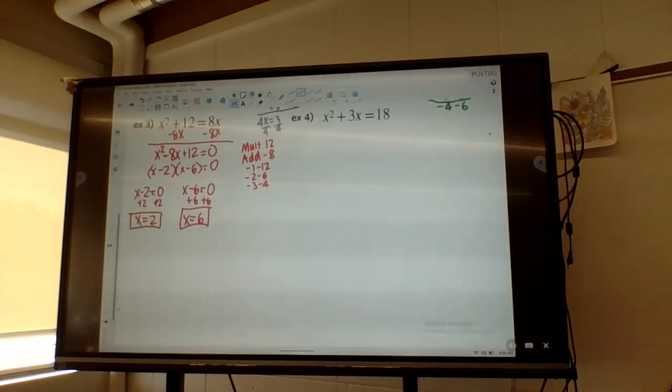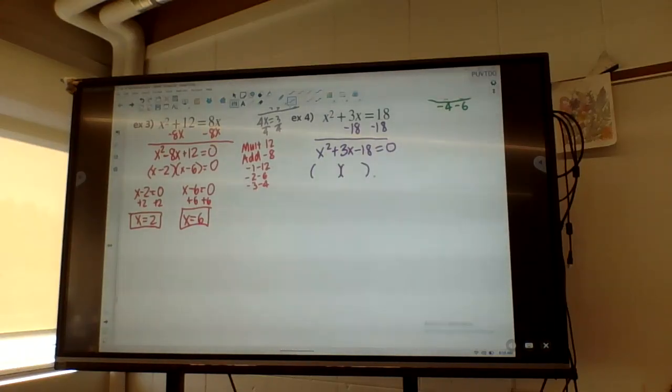All right, our next one here, again, we need it to equal 0. So we're going to move that 18 over. So to make it equal 0 first, and again, it's another one where it's that type of factoring where I think most of you guys are pretty good at this, even if you didn't do well in the last test. Once I reminded you of this type, you're pretty good at it, I think.